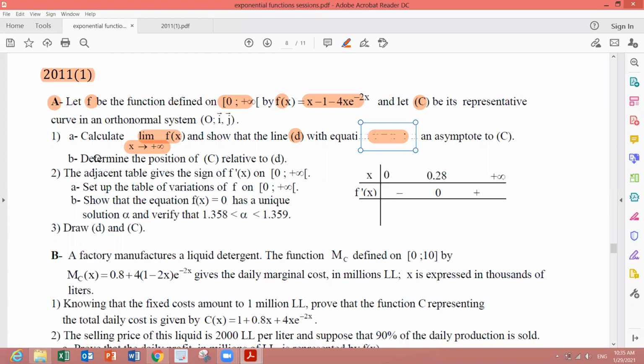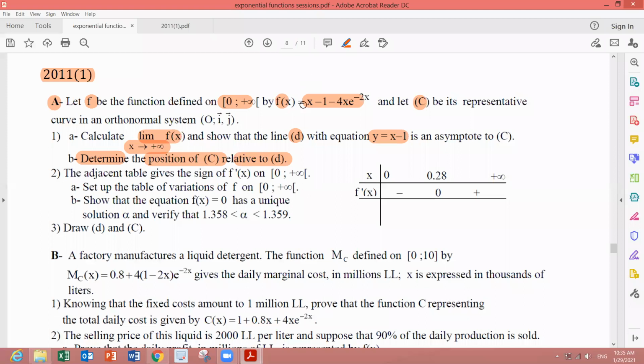Determine the position of C relative to D. George, how to know the position between C and D? f(x) minus y_D is equal to 0.